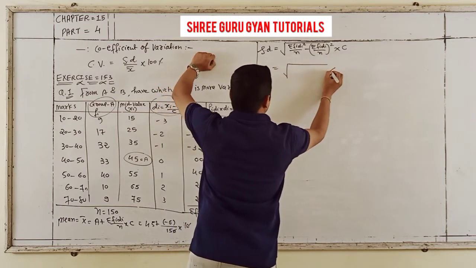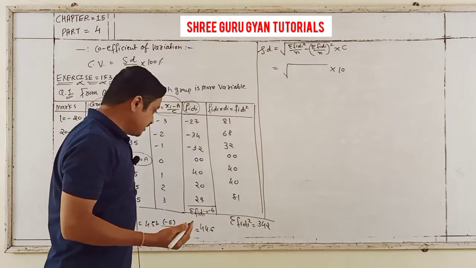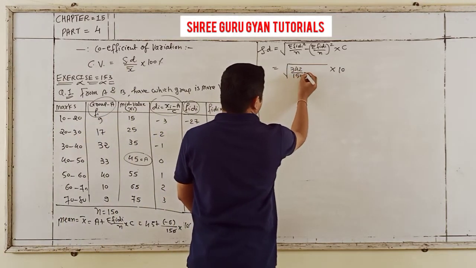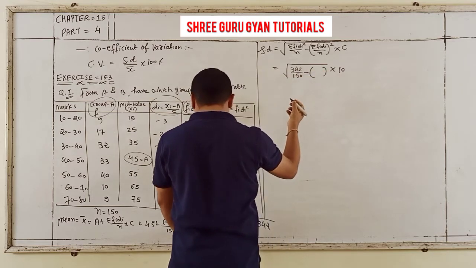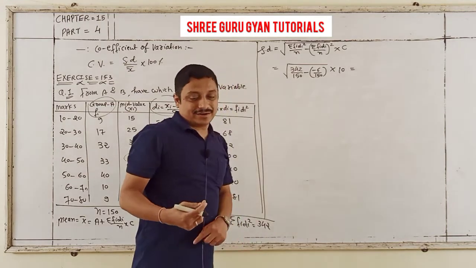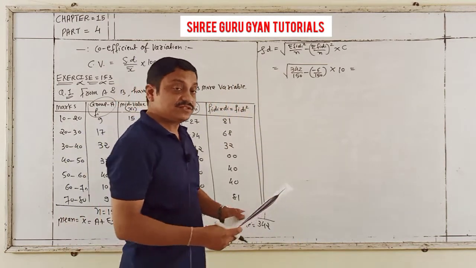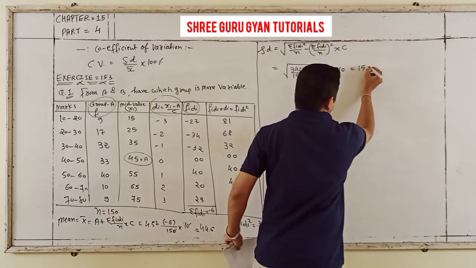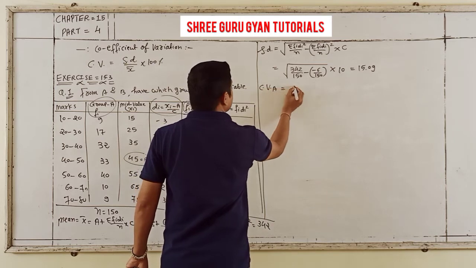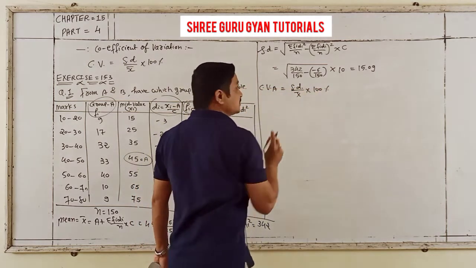Just put down the values: C is 10, sigma fidi square is 342, n is 150, and sigma fidi is minus 6 by 150. Using the calculator, the standard deviation is 15.09. Now the CV of group A is SD upon x bar into 100%.